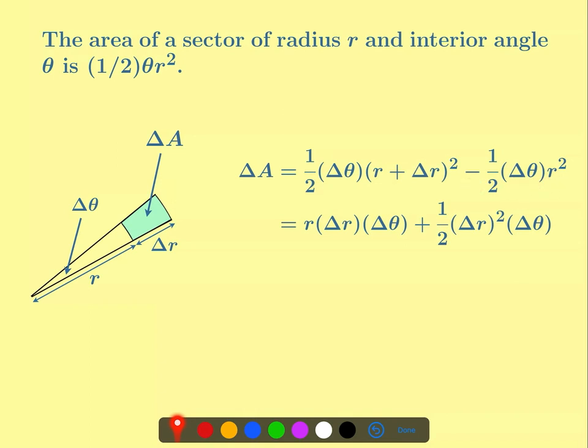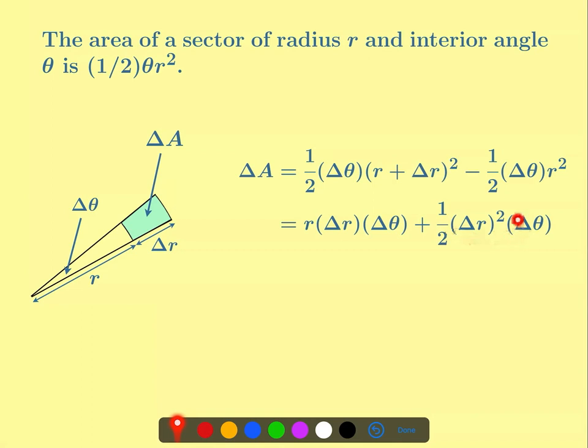So the way we want to think of this is that if delta r and delta theta are very, very small, like 1/10 to the 6, well, the product of these two would be 1/10 to the 12th. That's fairly small. But that's not nearly as small as this. Because if each of these are 1/10 to the 6th, this would be 1/10 to the 18th. We have three of them. We have delta r times delta r times delta theta.